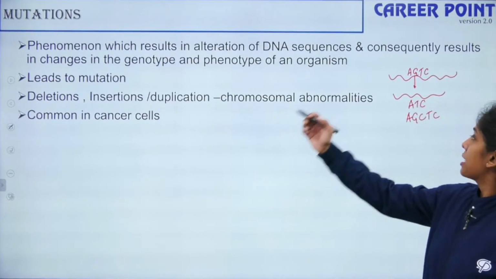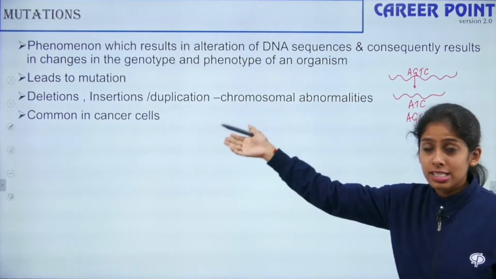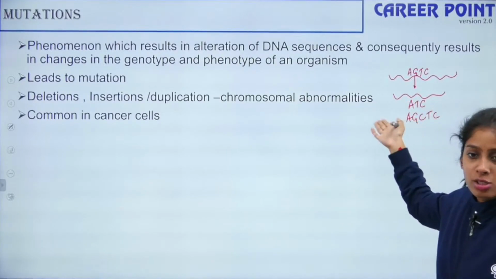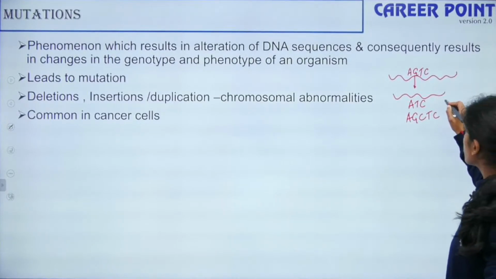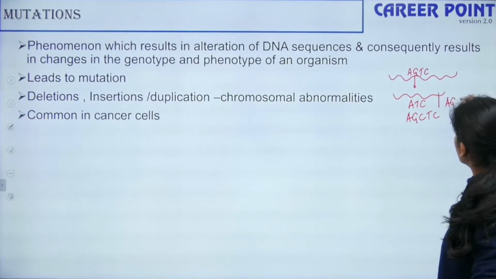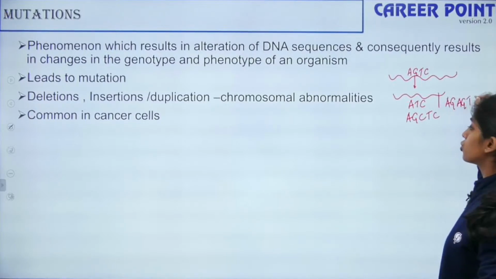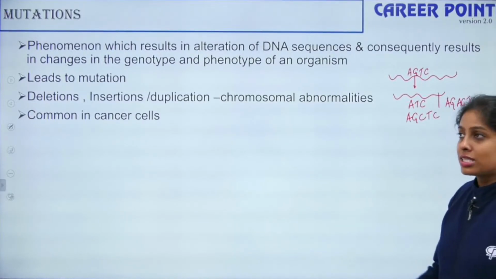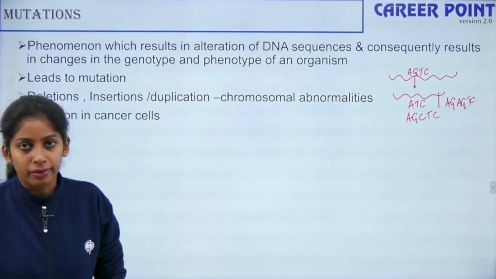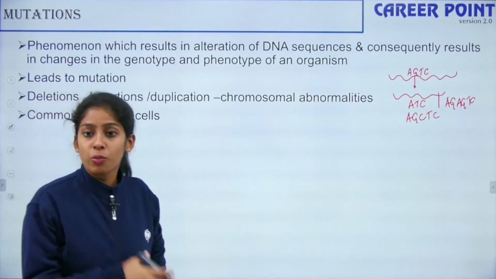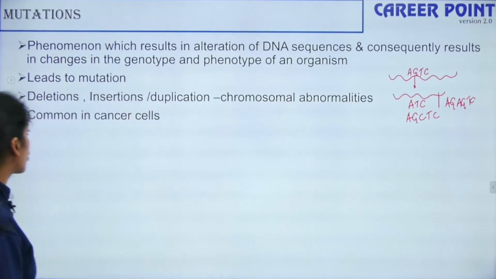Mutations can be deletions, so here G is deleted. Insertions, where instead of G alone, C is also inserted. Duplications, so ATGC can also become AGTC. So duplications are also there. This leads to a number of disorders in the chromosomal number. Sometimes you can have one chromosome less, sometimes one chromosome more.